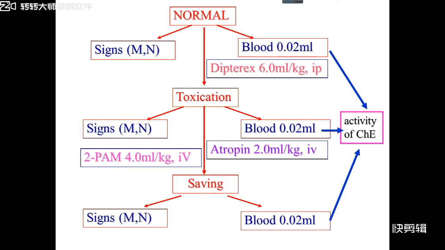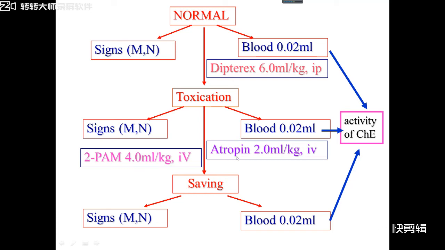And let's summarize. In normal, we observe the M and N signs, and then we take the normal blood. In the second step, we inject organophosphate dipterex, 0.6 milliliter per kilo, by intraperitoneal injection. And then in 5 to 15 minutes, we observe the toxicity M and N signs, and we also take the blood again.